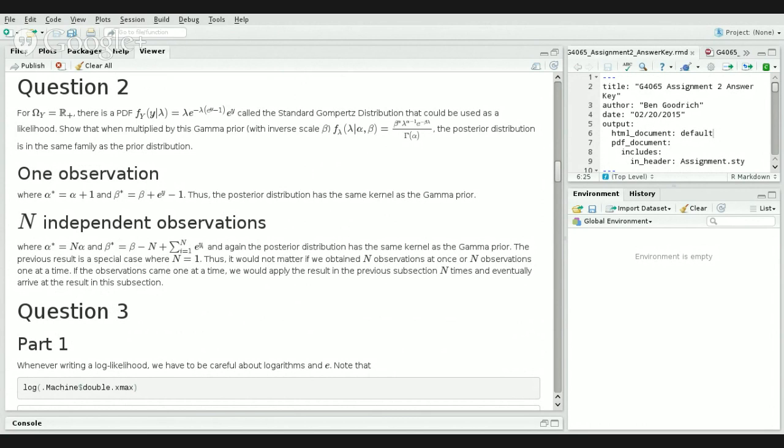And we can see that that kernel has the same kernel as the gamma prior that we had before. So the posterior distribution is going to be a gamma with updated parameters.